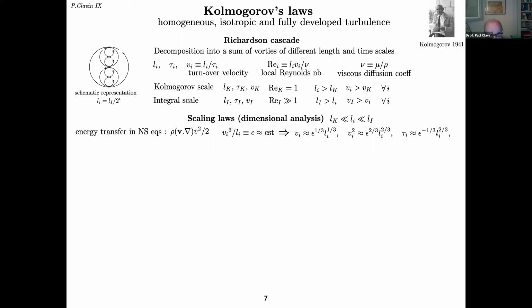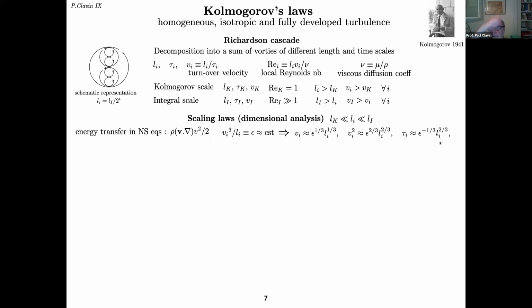If you call this constant epsilon, the dissipation rate, you obtain that V is proportional to the length to the power 1/3, the energy goes as 2/3, and the characteristic time, obtained by l_i divided by V_i, goes as 2/3.